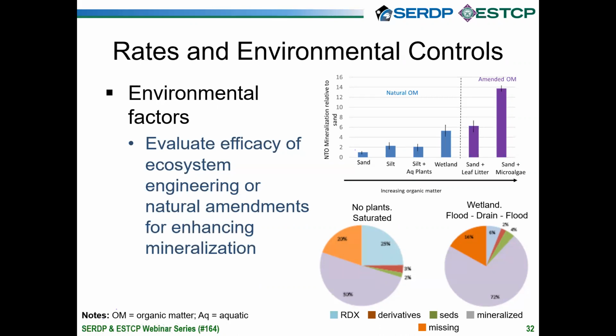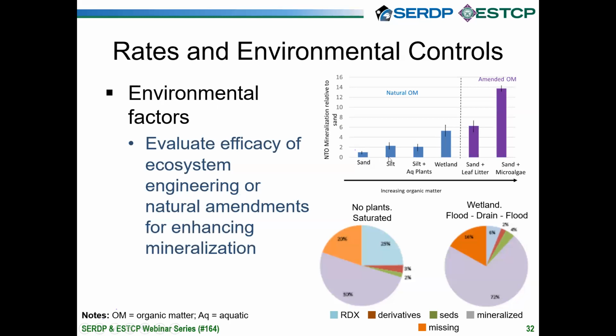The other kind of manipulation that we're doing, and we started this with the IHE work, is trying to use natural sources of organic matter to enhance mineralization. And so here's a representation of the NTO mineralization relative to our lowest rate, which was in sand, right?